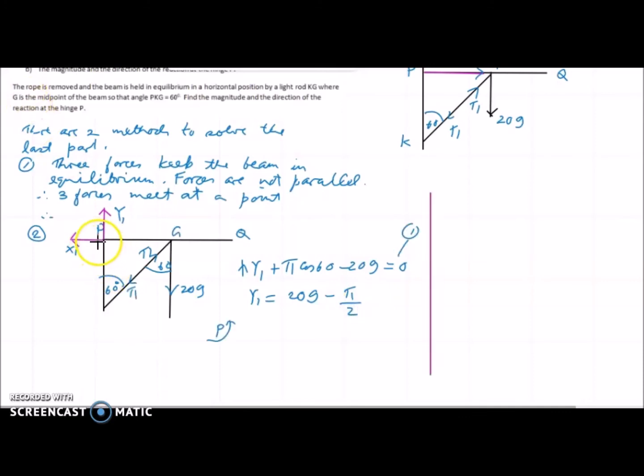Now we have to take the moments about P. PG equals 1.5. Now, what is the moment of T1 about P?